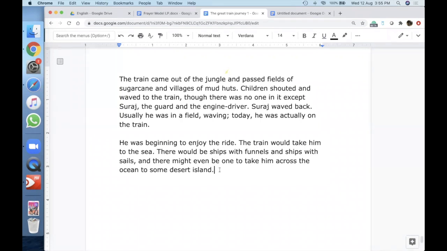Can you guys tell me what is the meaning of island? What do you think is the meaning of the word island? Aishwarya? Sir, it can be desert.